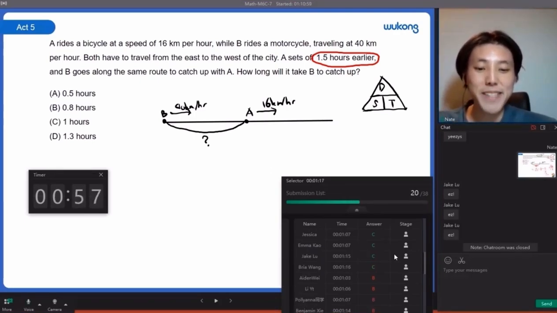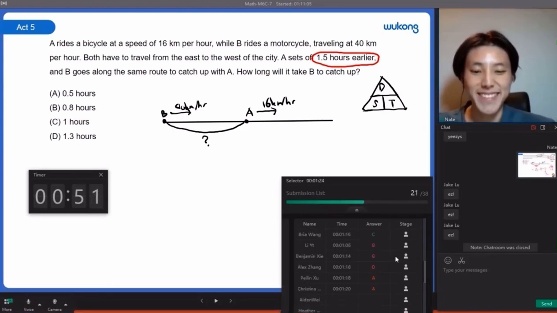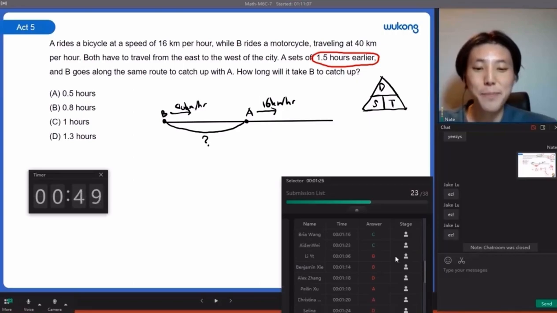Very good, Bria. Excellent. Benji, could you please double check? There we go, Aiden. Jasper, awesome. Abraham, excellent. You got it. Quincy, very good. Very good, Eric. There we go, Benji. Yes. Excellent.